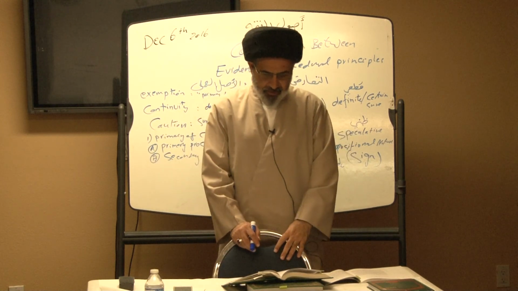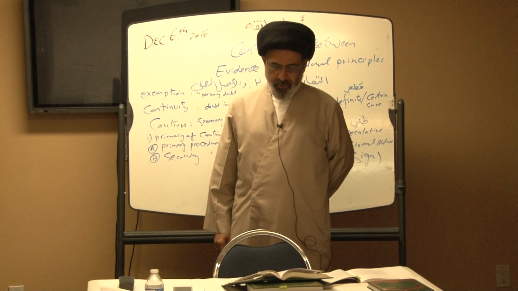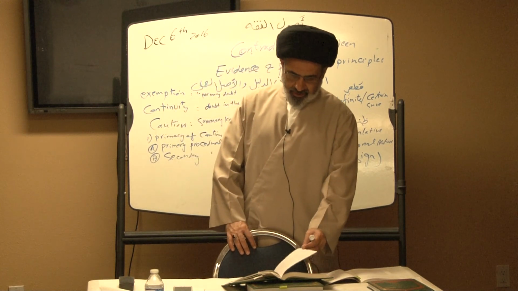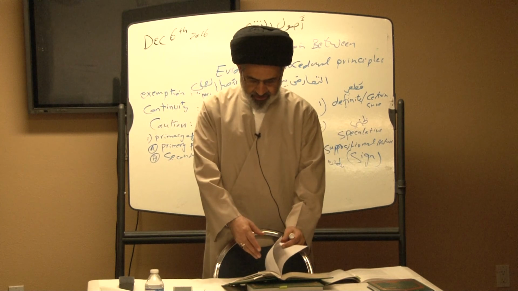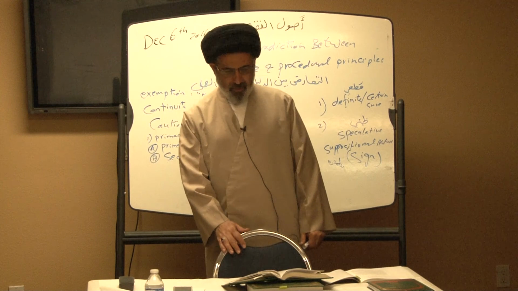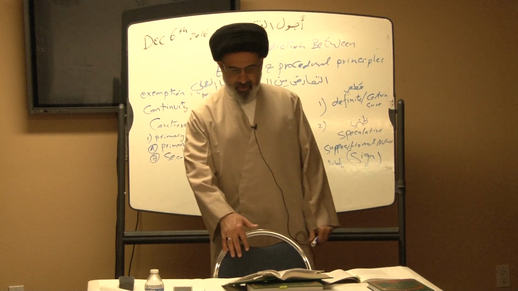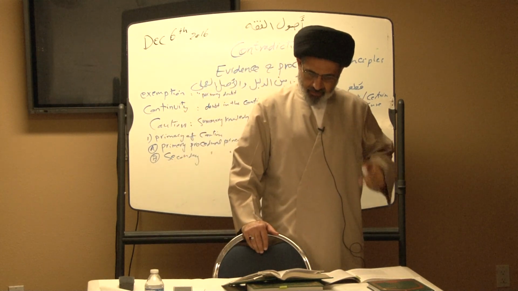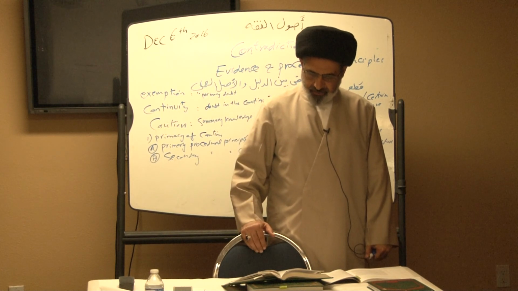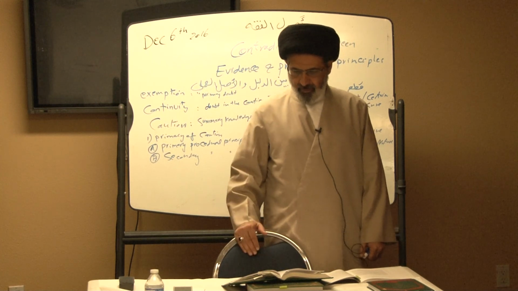So far we studied two types of contradictions. One is the contradiction between the evidences. And we said that if one evidence is definitive and the other one is apparent, then the one that is explicit and definitive takes precedence.